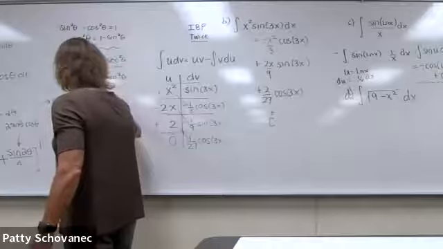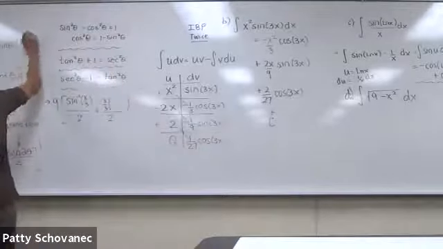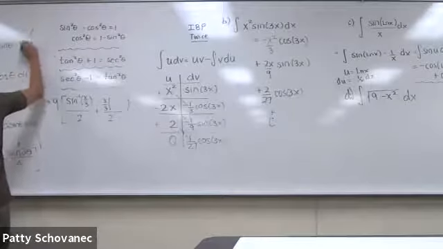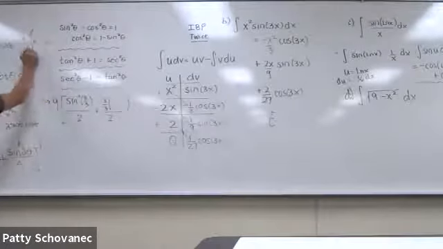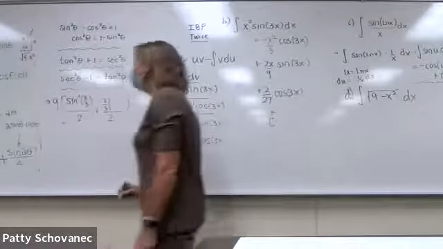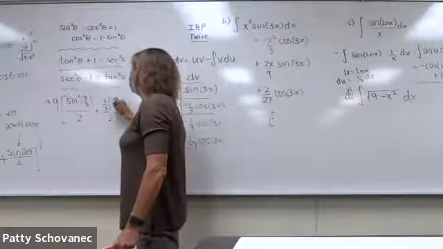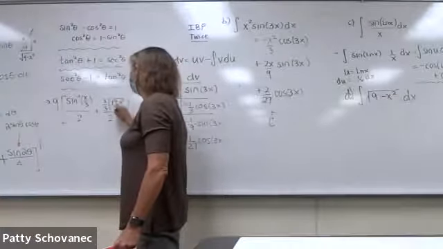Sine of theta is x over 3. Let's draw a picture and figure out the cosine of theta. That should be the third side there. Cosine is adjacent over hypotenuse, so this will be the square root of 9 minus x squared over 3.